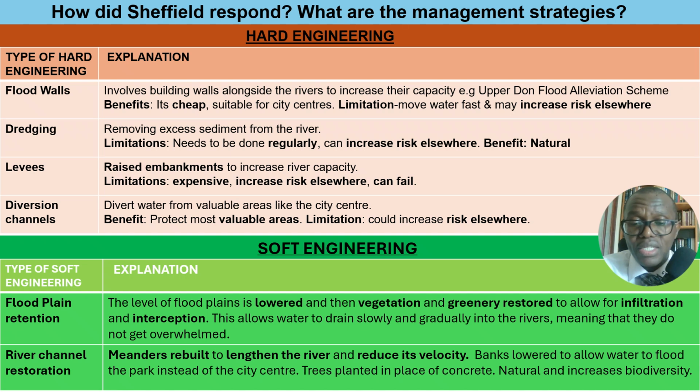And then banks are also lowered to allow water to flood the park instead of the city center. So in areas where you have parks, where you have natural vegetation, you lower the banks there, so that instead of the water building up and flooding areas like the city center, that water will flood that natural area, which is not worth a lot of money, so to speak, in terms of infrastructure and businesses and so on.